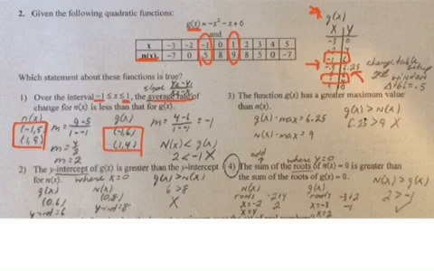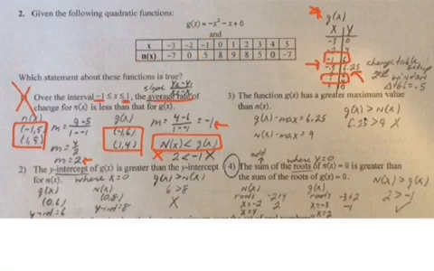Once you plug them into the slope formula, you're going to get a slope of 2 and a slope of -1. Now this question is asking whether or not n of x is less than g of x. 2 is not less than -1, therefore your answer cannot be choice 1. So you should cross that out.